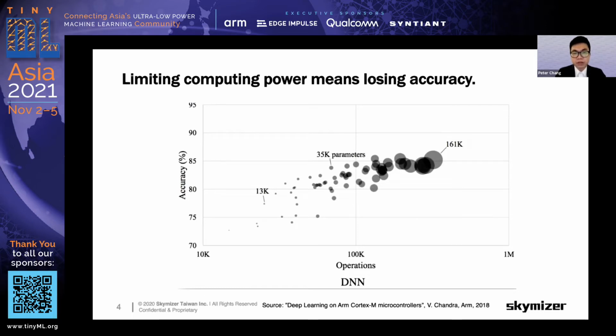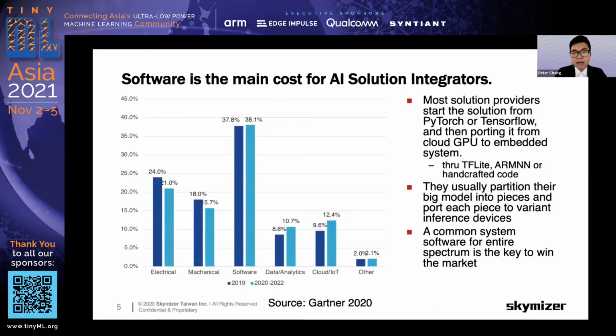As this figure shows, if you try to shrink your model, cut some operators, cut some layers, it means you will lose accuracy. So for AI solution providers and system integrators, they spend much of their cost not on data scientists, not on purchasing hardware.